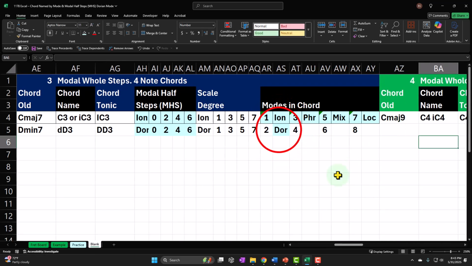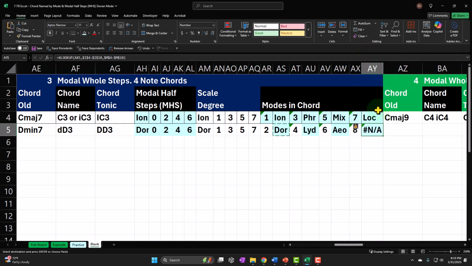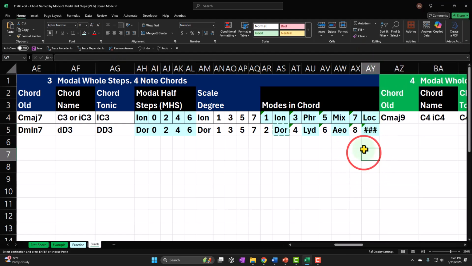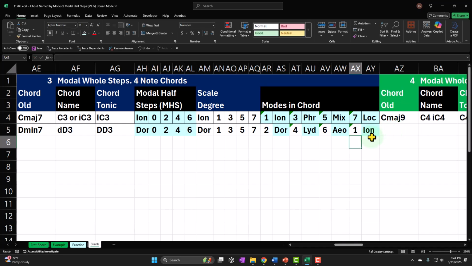All right, so we're going to copy the Dorian, and then Lydian, Aeolian, and then this one's going to be, wait, that's an 8. Hold on, you can't have an 8. So we have to say 8 minus 7 brings us down to the Ionian. Okay, so that's good. That's what we've got there. So that makes sense, I think.